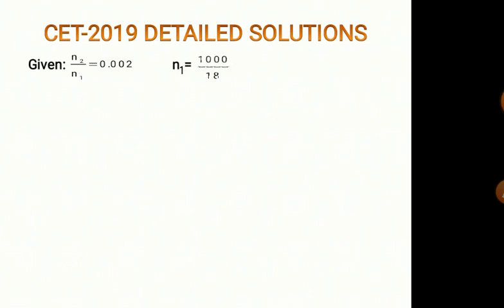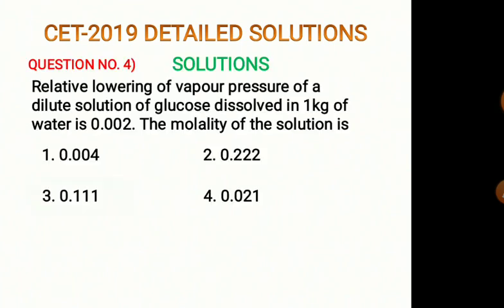N1: 1 kg is given, so 1000 grams divided by 18. If you substitute this, you will get N1. Directly substitute in this formula, so N2 is equal to 0.002 into 1000 divided by 18. You are going to get the answer 0.111. So that should be the answer for molality of the solution. That is question number 4.